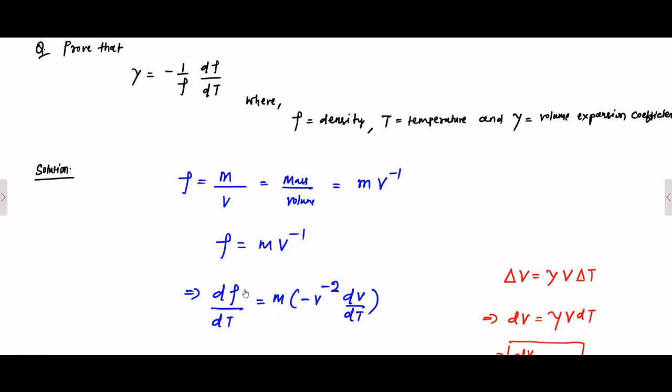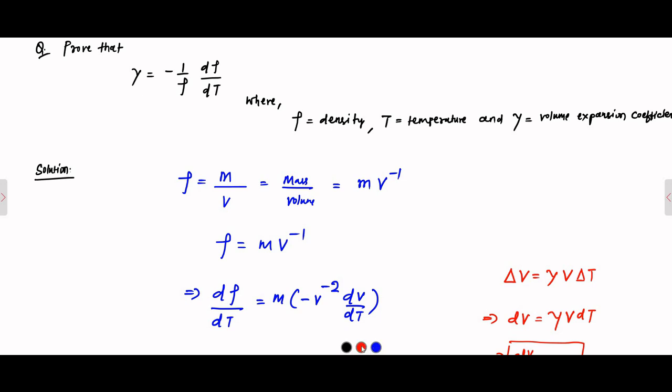So here when we differentiated both sides with respect to temperature, this is d rho by dT, there is no confusion about that. But this differentiation is called implicit differentiation, where mass of a substance is constant, but volume has a direct relationship with temperature.